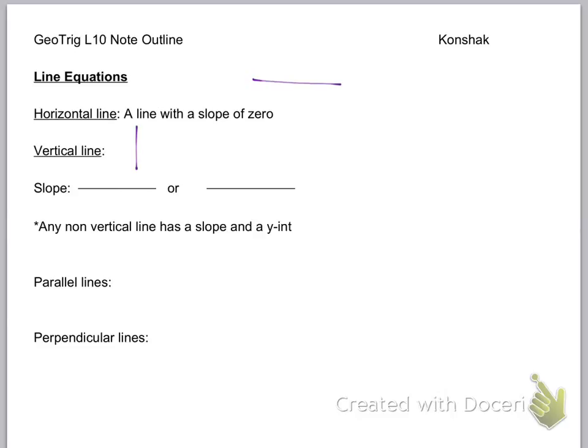And a vertical line has what kind of slope? Does anybody know? Not 0, that's horizontal. It's not 1. It's not infinite either.